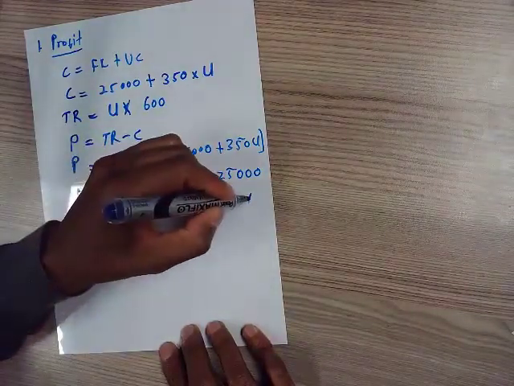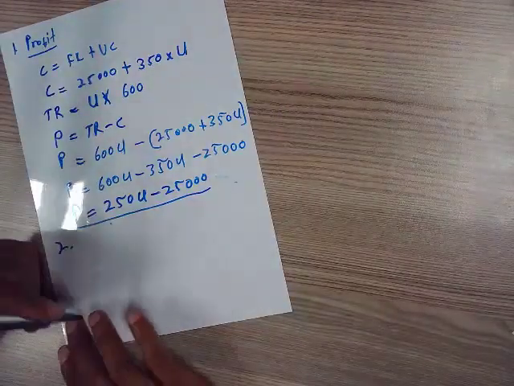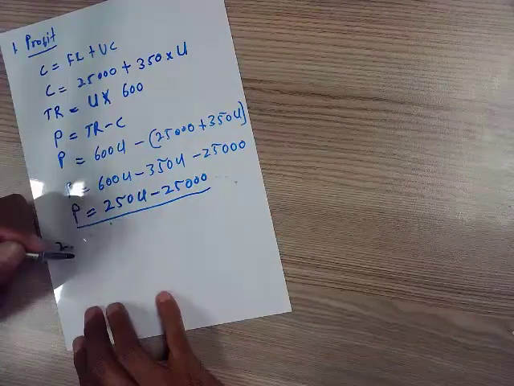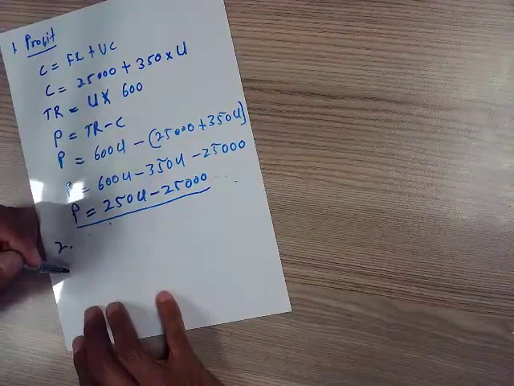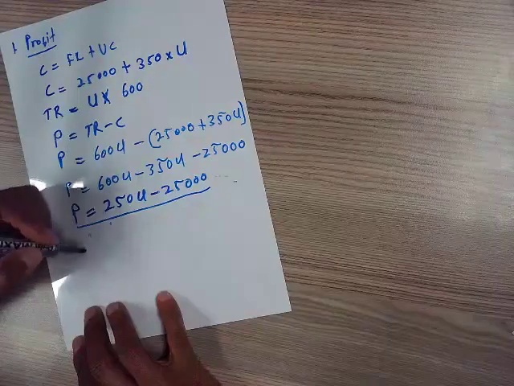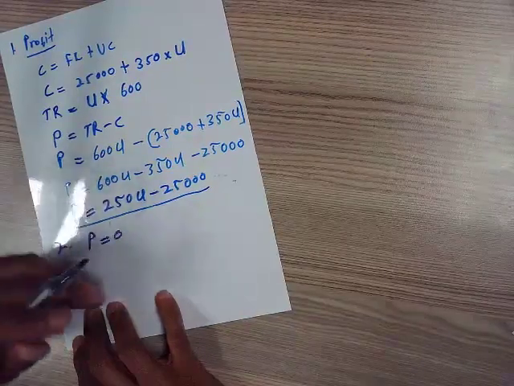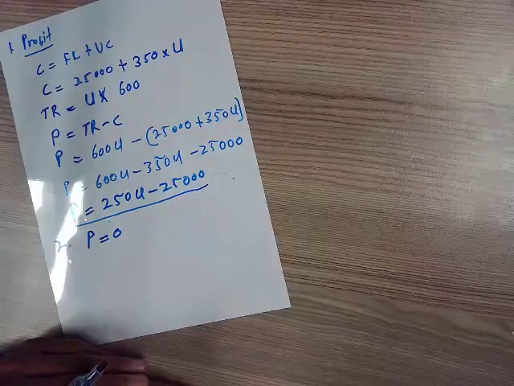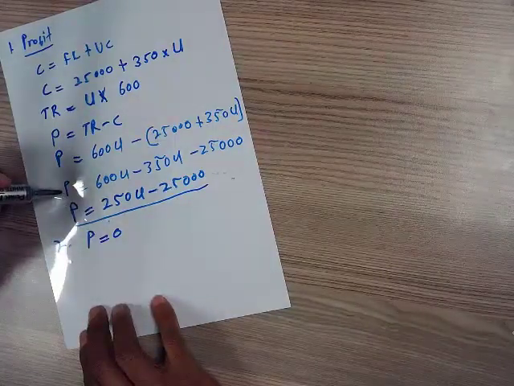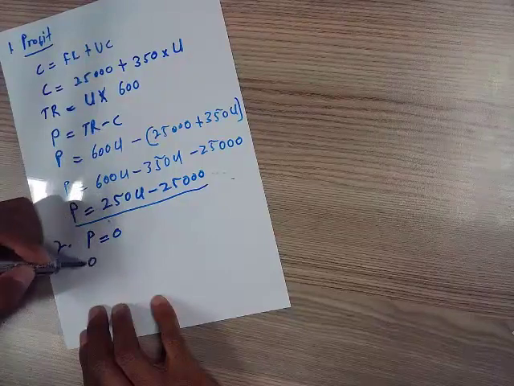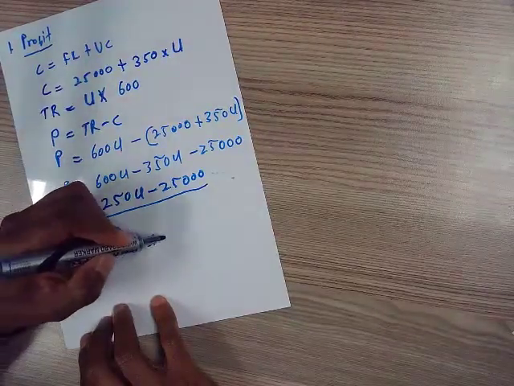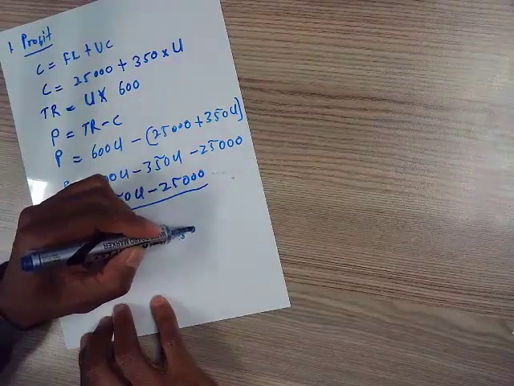The next thing is to find your break even level. A break even level is where your profit is zero. So where is my profit zero? My profit is zero when I have this equation here: 0 equals 250 units minus 25,000, right?